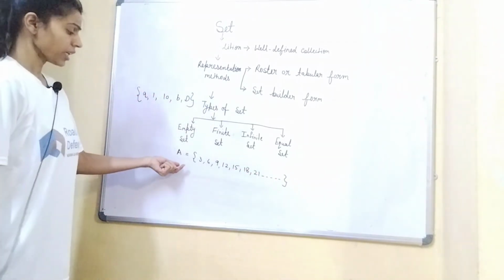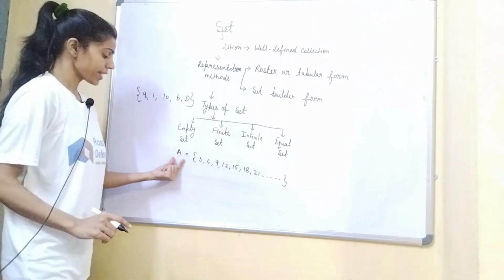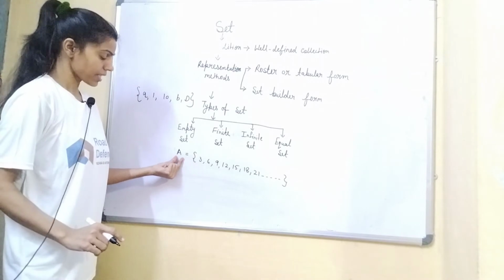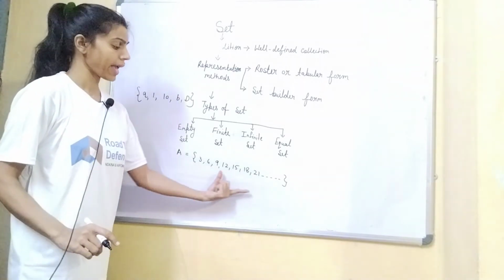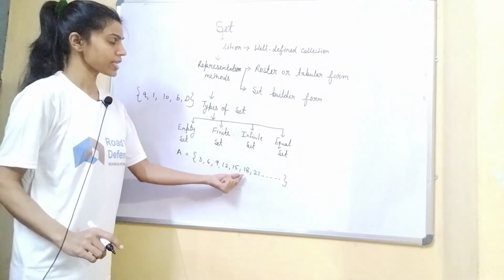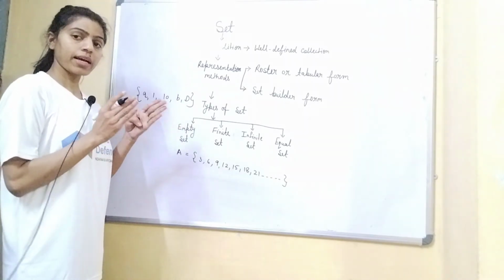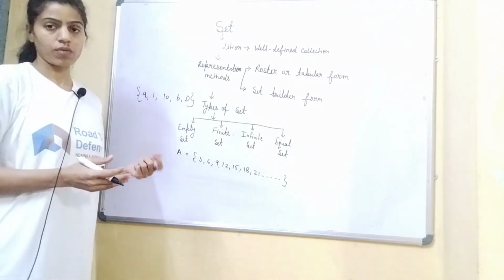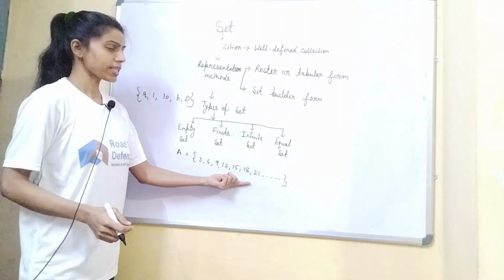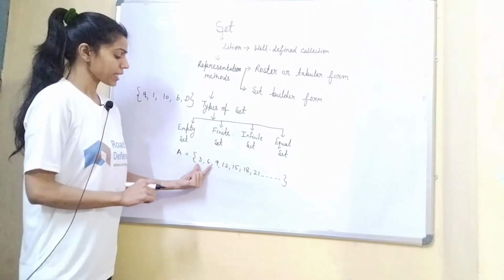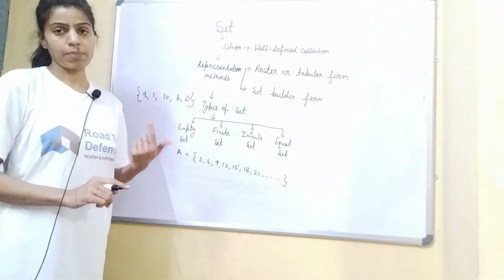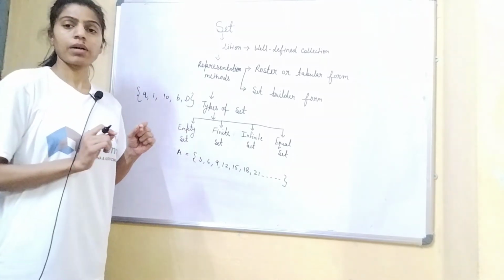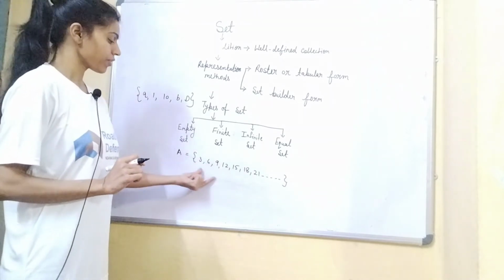So what I said is that there is a set A, and all the numbers in this set are what, students? Elements. The objects in the collection inside the set are known as elements of the set. So these all elements are all the natural numbers which are multiples of 3. That was my sentence, and so I have written it in this way.